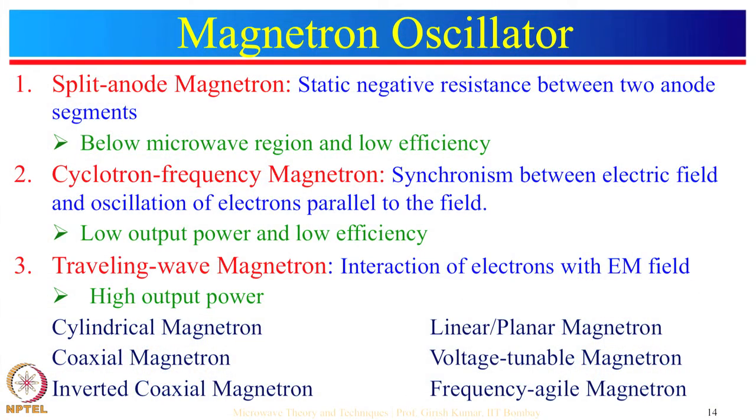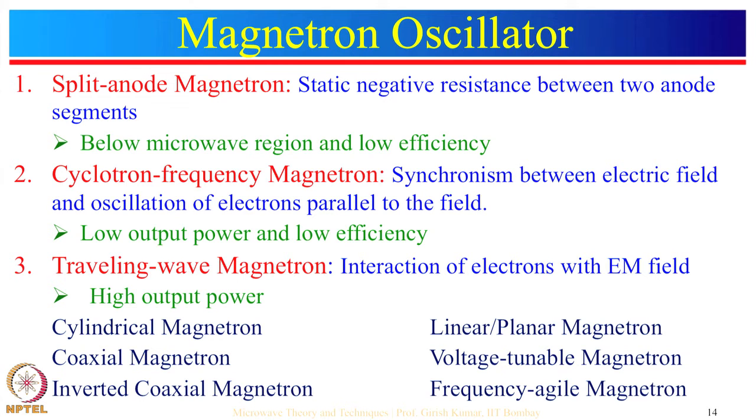Now move on to the magnetron oscillators. Generally, magnetron oscillators contain some form of cathode and anode which are operated in a DC magnetic field normal to the DC electric field.